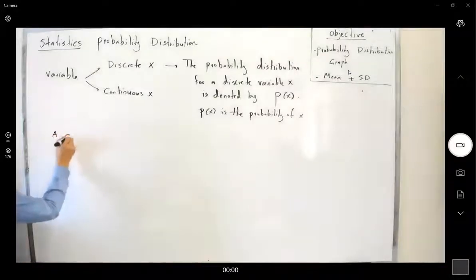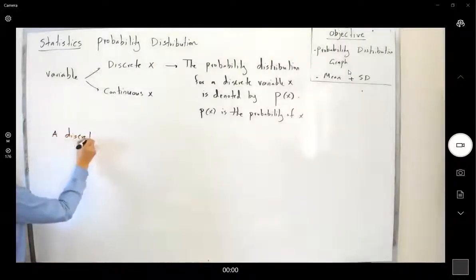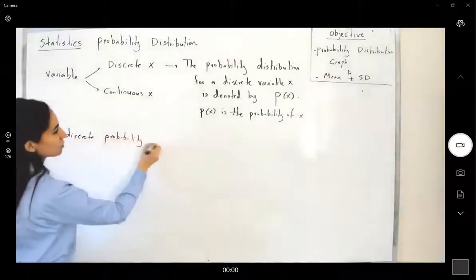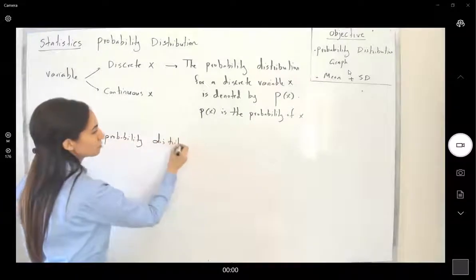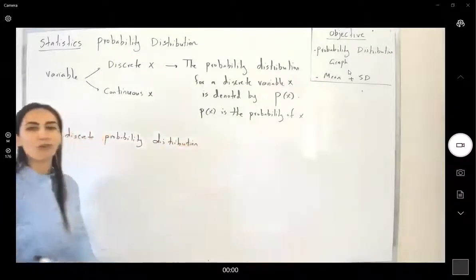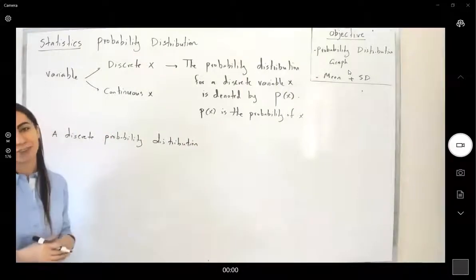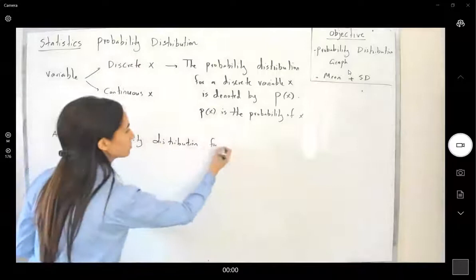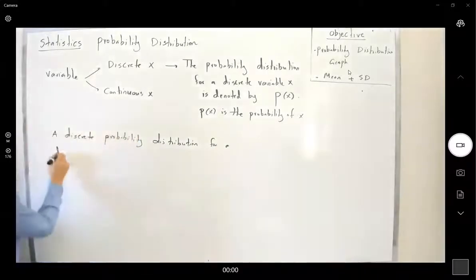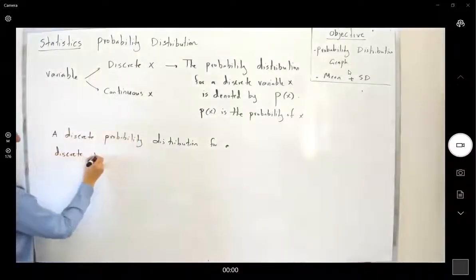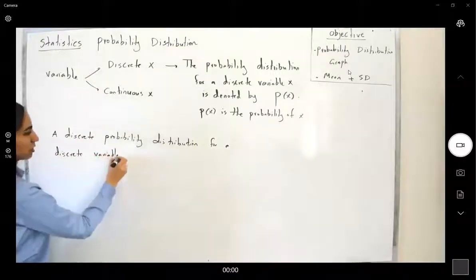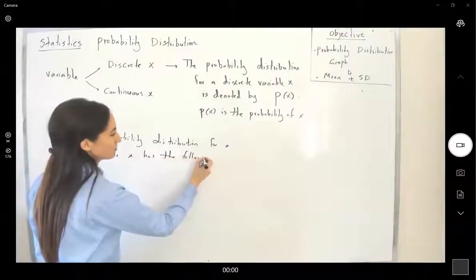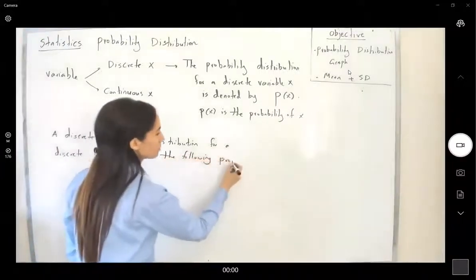A discrete probability distribution for discrete variable x has the following properties.